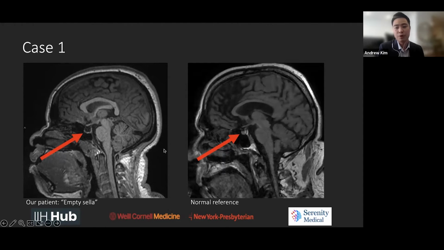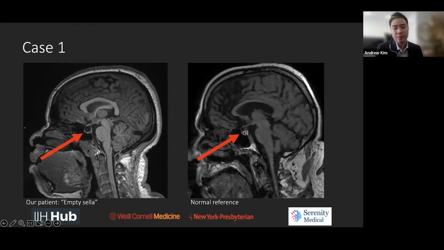And I want to first bring your attention to the right-sided image with an arrow pointing to a normal patient's sella turcica that contains a normal appearing pituitary gland. You can see the anterior pituitary gland, and right behind that is a slightly hyperintense bright T1 signal demonstrating the posterior pituitary gland, as well as the pituitary stalk.